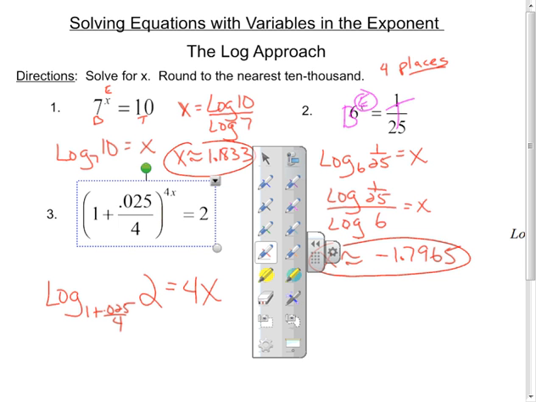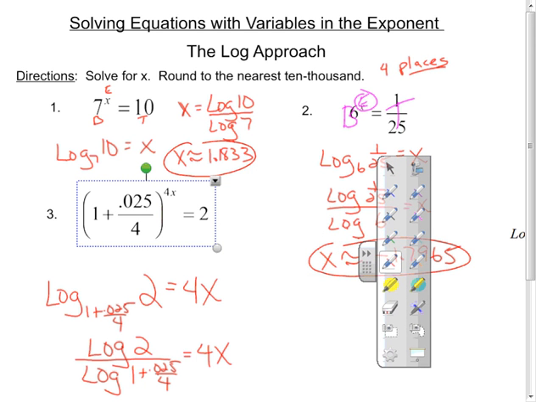Okay? So from there, I can write the change of base formula, which is going to give me log to get 2 over log to get 1 plus 0.025 over 4 equals 4x.